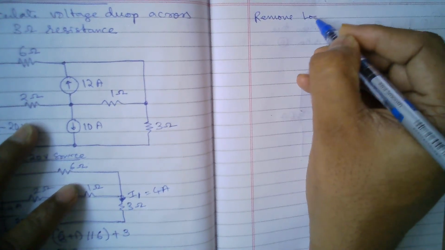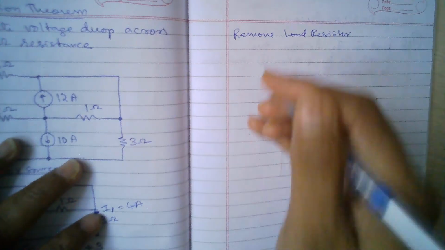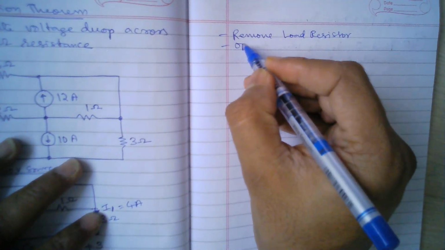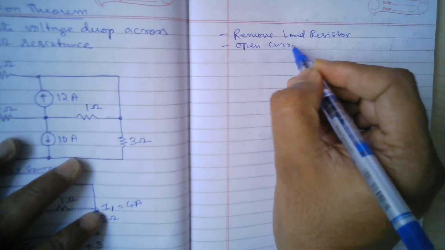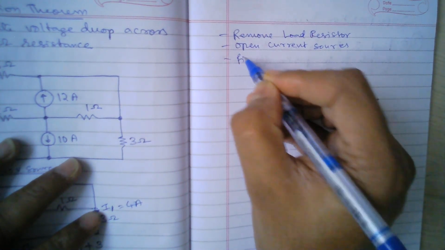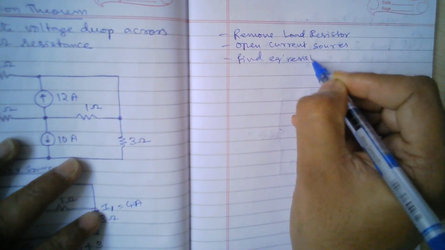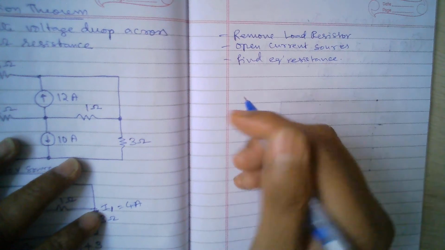remove the load resistor. That means our 3 ohms resistor we have to remove, and then open the current sources and find the equivalent resistance. Okay, so let me explain what it is.